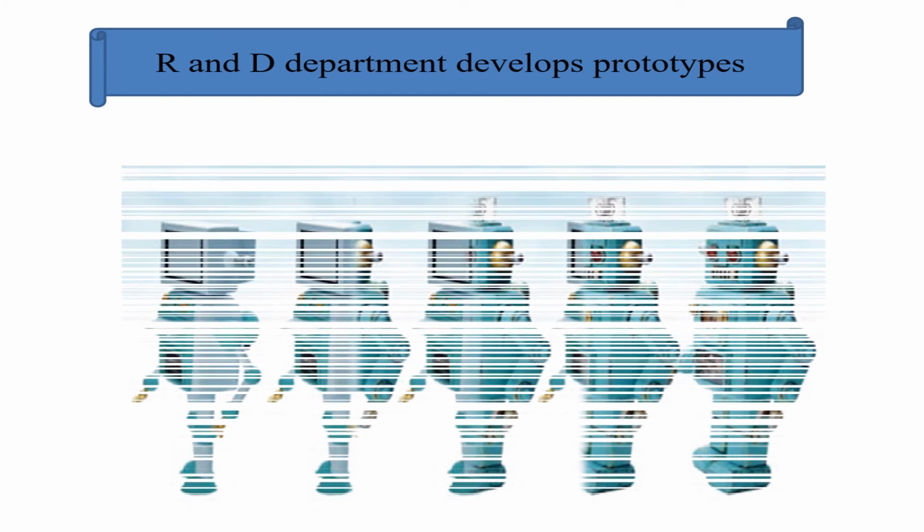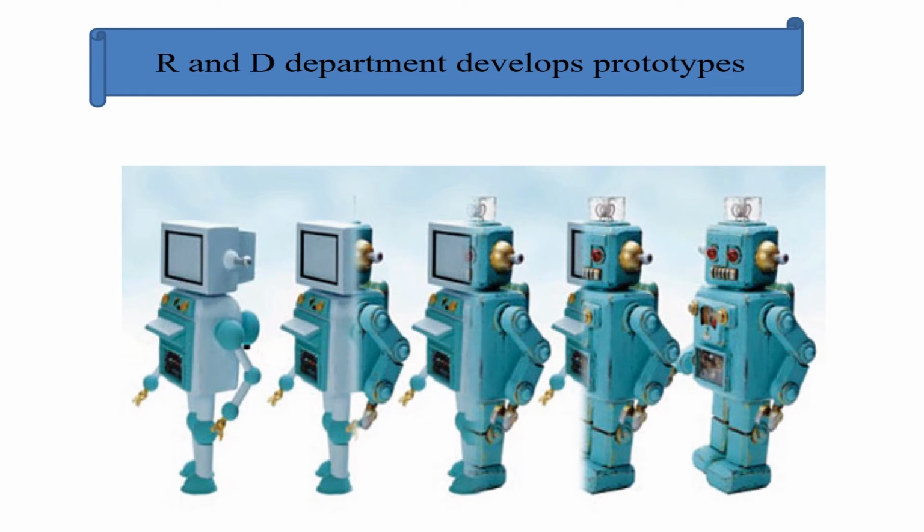First, R&D will develop prototypes that will satisfy and excite customers and that can be produced quickly and at a budgeted cost. When the prototypes are ready, they must be tested. Functional tests are then conducted under laboratory and field conditions to ascertain whether the product performs safely and effectively.